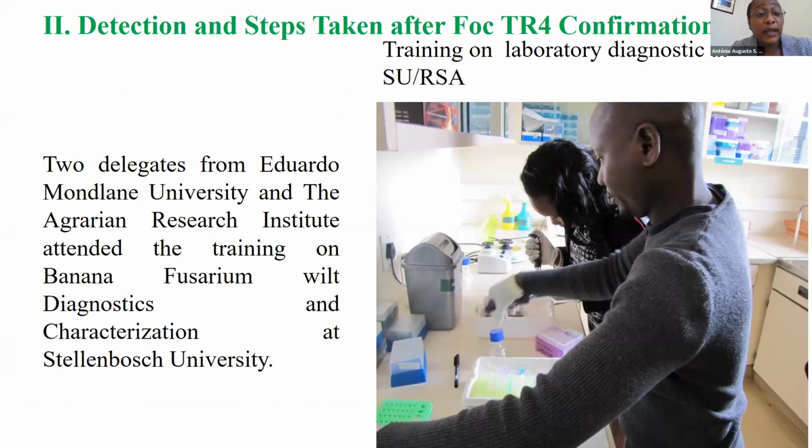To ensure national capacity for diagnosis, 2 delegates from the university and from agrarian research in Mozambique were trained at Stellenbosch University on diagnostics and characterization of Foc Tier 4.